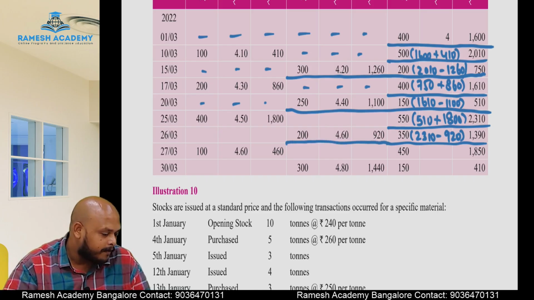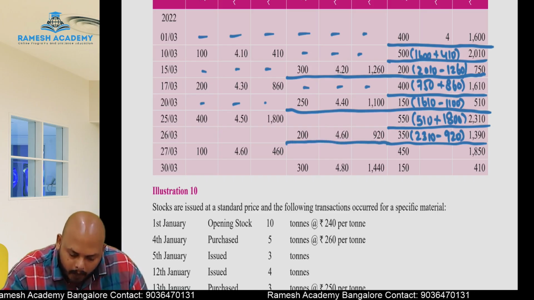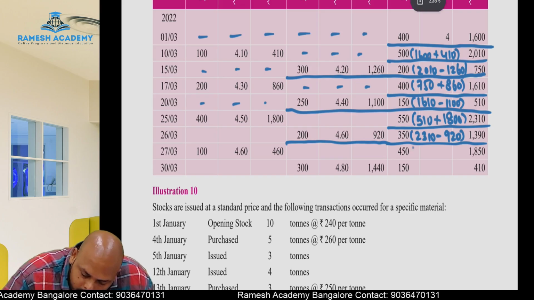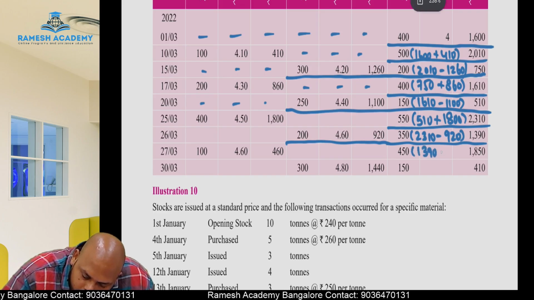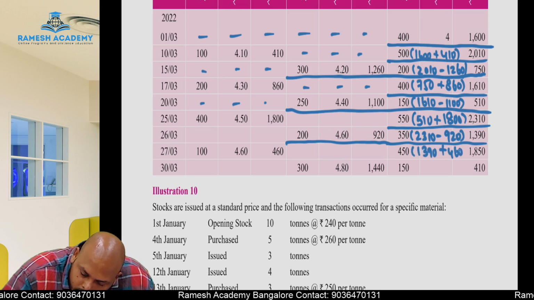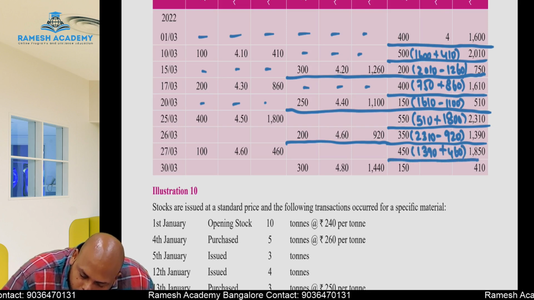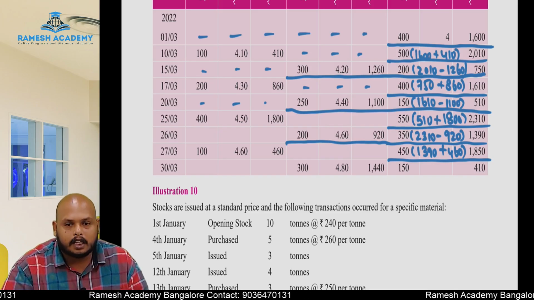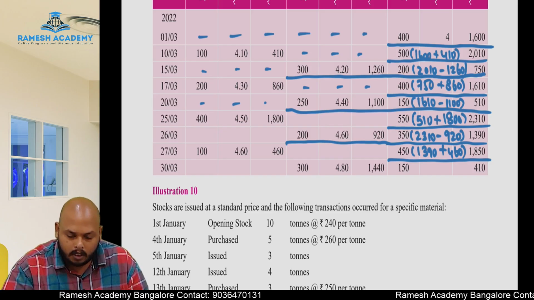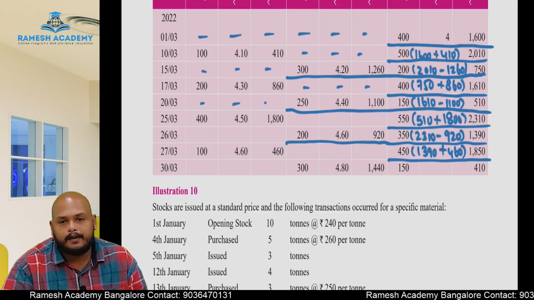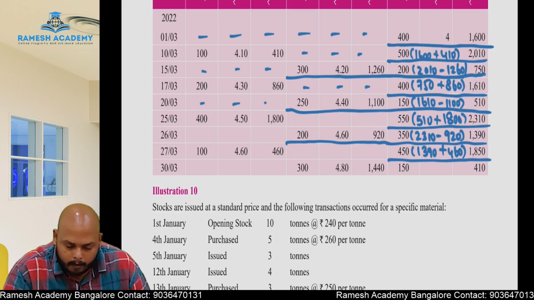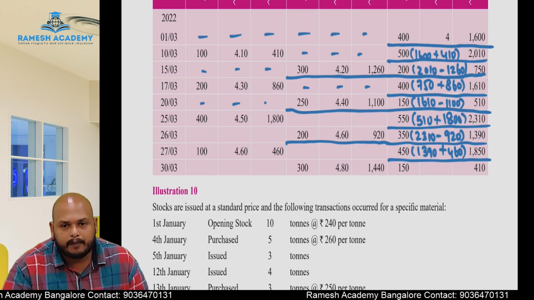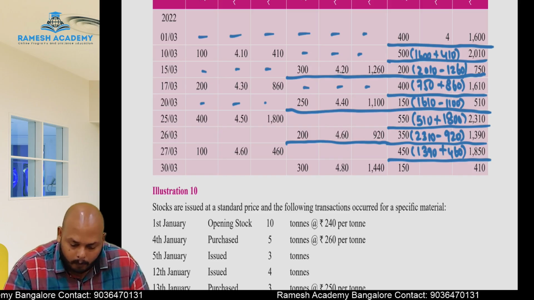Next, 27th March received 100 units at the rate of 4.6. That is 1390 plus 460, which is 1850. Next, 30th March we issued 300 units. The issue price, the replacement price, is 4.8.